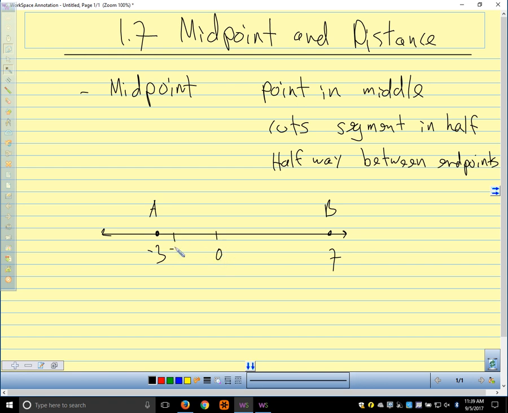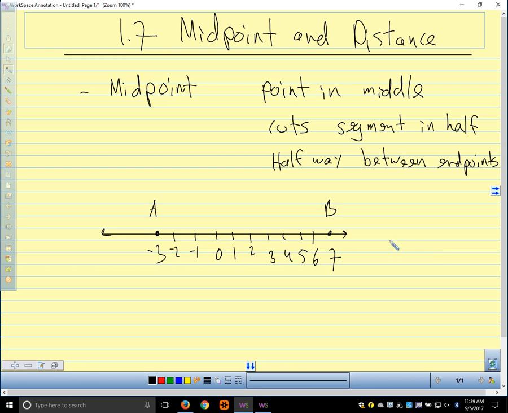Let me put some more points here. -1, 0, 1, 2, 3, 4, 5, 6. So how far is it from -3 to 7 on the number line? 10 units. And we want the point that's in the middle.